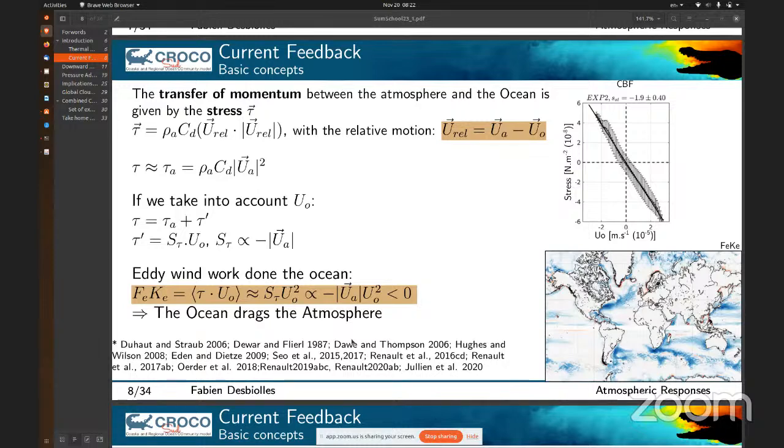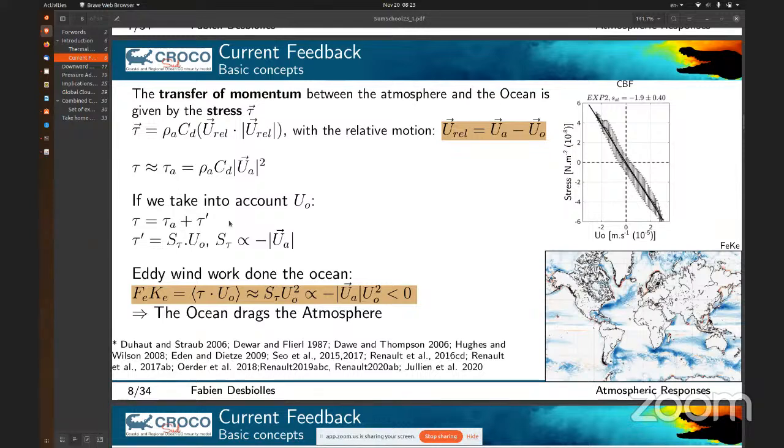So we usually compute that stress with a drag coefficient, CD, and we multiply that by the relative wind between the two fluids.